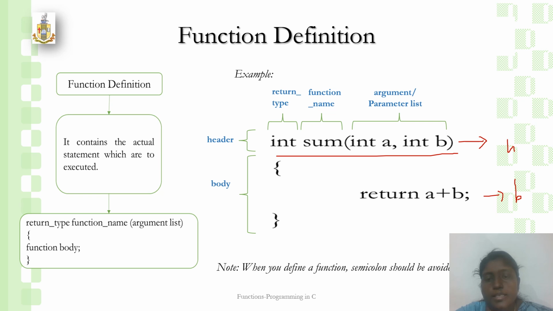And remember, in the function definition, we should avoid the semicolon at the end of the function name. The reason is the semicolon specifies that the statement has ended. So when the statement is a definition, the semicolon has to be avoided.